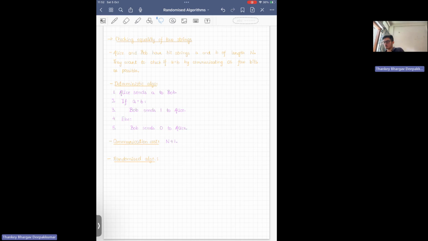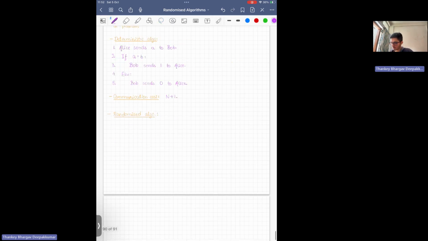So let's see how to create those two polynomials. The polynomials are, so let's say that A is the string A0, A1, A2, and so on.